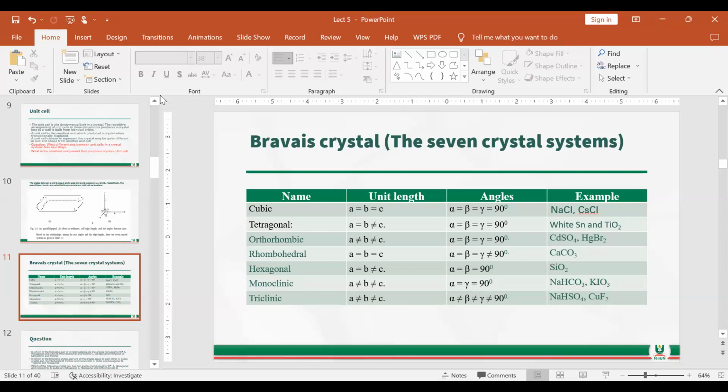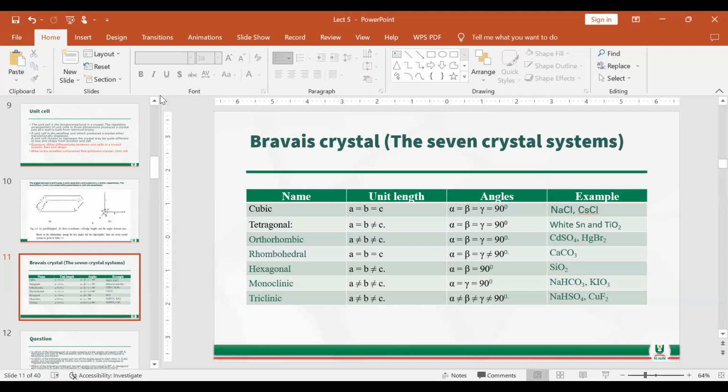So the rhombohedral has some similarity with the cubic crystal because all the sides are equal and all the angles are equal. But the difference is that in cubic crystal, all the angles are equal to 90 degrees, but in rhombohedral, none of them is equal to 90 degrees. An example is the calcium carbonate crystal.